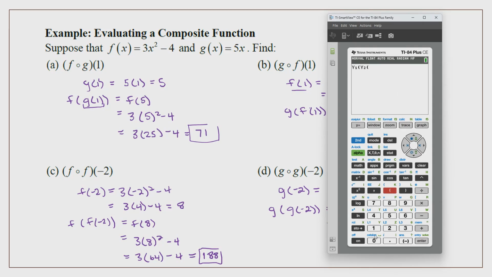And I want to evaluate this at the number 1. Remember, f composed with g is equal to f of g of x. So in this case, y1 of y2, and I'm evaluating it at the number 1. When I press enter, I should get the same value that I got algebraically when I did it by hand, and that value is 71. Note here that I also get 71. All right, so that's the way to utilize your calculator to find composite functions.